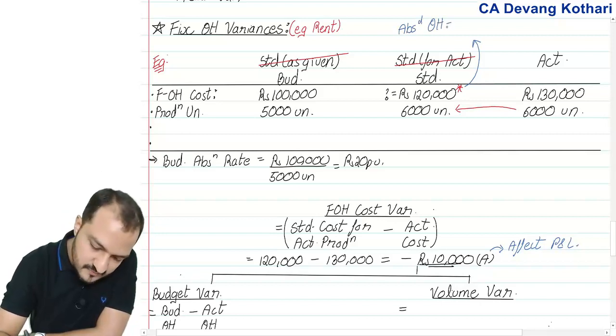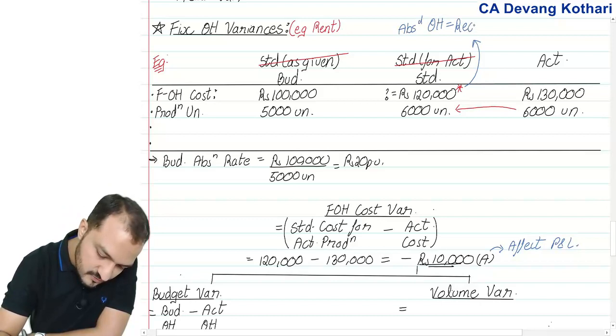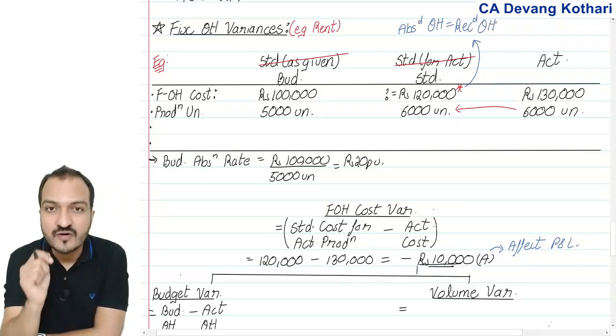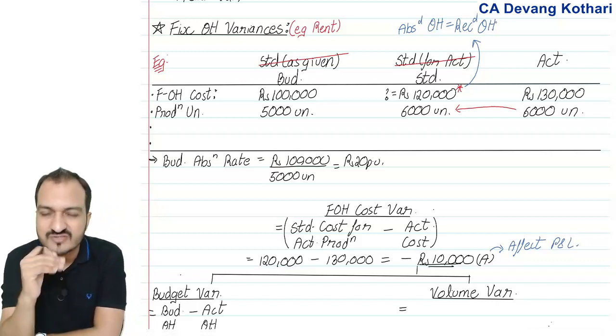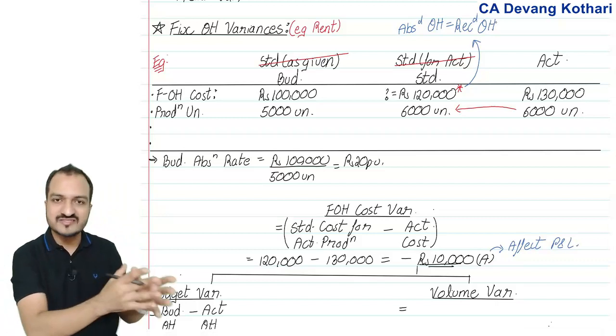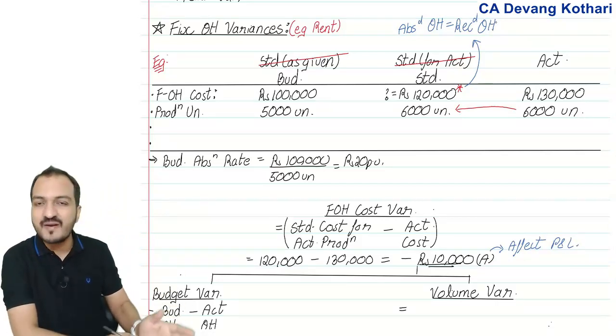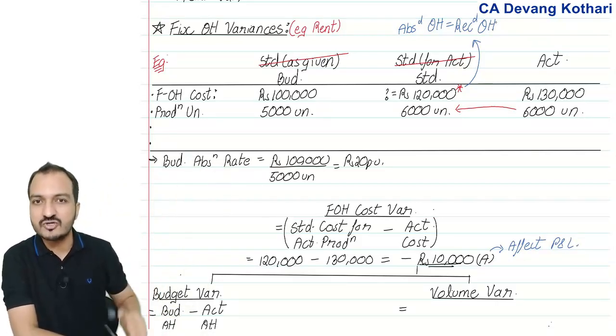Absorbed overheads is also called recovered overheads. Recovered means this is the cost which you have recovered from the customers, because this is the cost which you have added to the selling price, and this is the selling price you have recovered from all the 6,000 units.